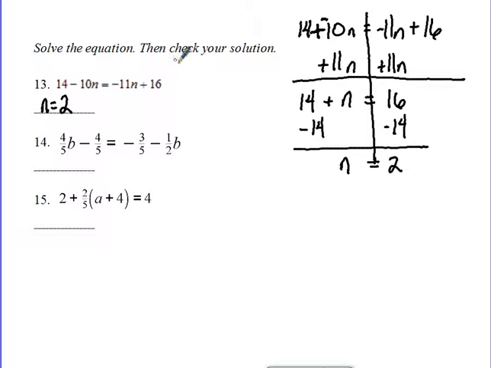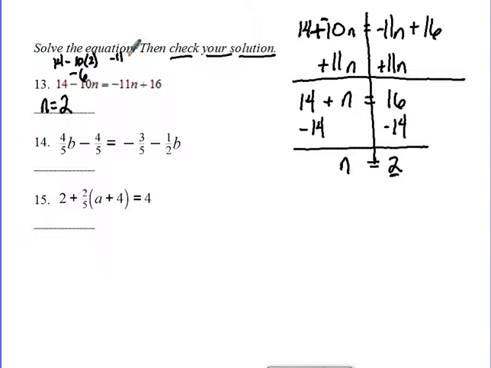Notice the direction said, check your solution. So what I'm going to do now is I'm going to take this 2 and I'm going to plug it into everywhere there's an n in the original equation and just make sure that this side will equal this side when n equals 2. So 14 minus 10 times 2, what's 14 minus, 10 times 2 is 20. 14 minus 20 is going to be negative 6.